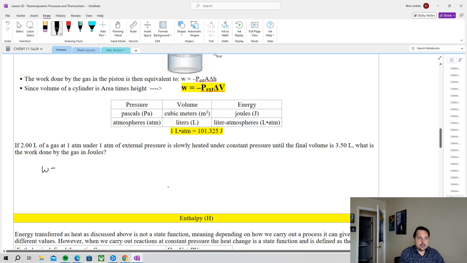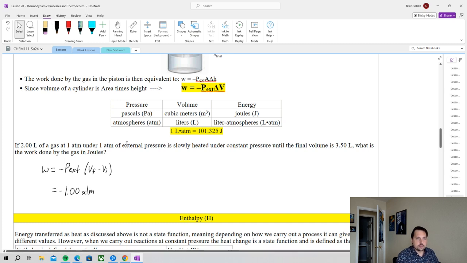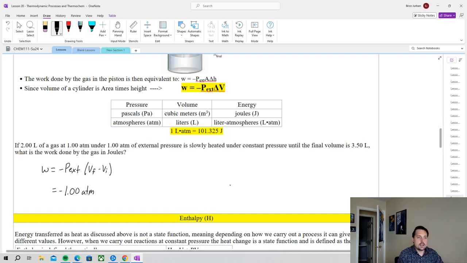And I can use this equation here. So the external pressure times the change in volume. And the change in volume is going to be equal to the final minus the initial volume of the system. So the external pressure is going to be kept the same at 1 atmosphere. And then the final volume is 3.5 liters. And then the initial volume was 2.0 liters.